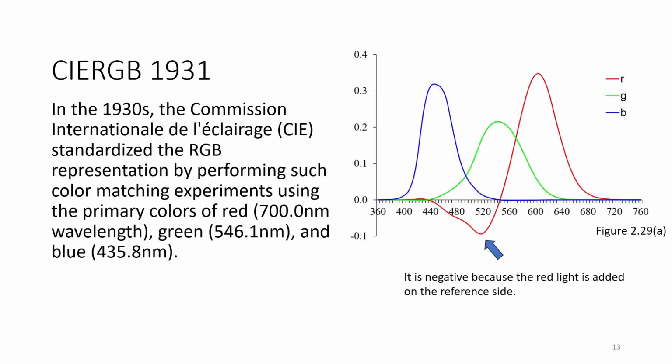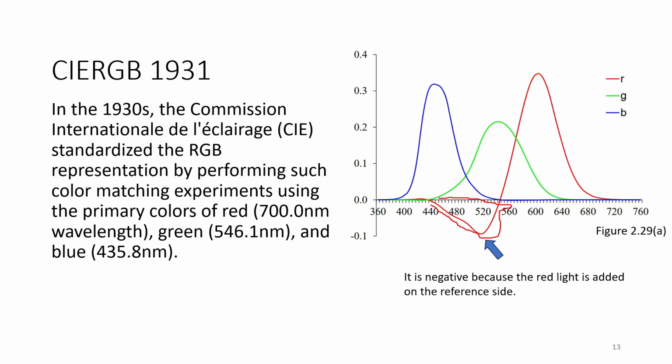When they standardized the stimuli of the 3 colors, they got this chart. So it means any kind of color can be a combination of the 3 primary colors. However, you see a negative value here.